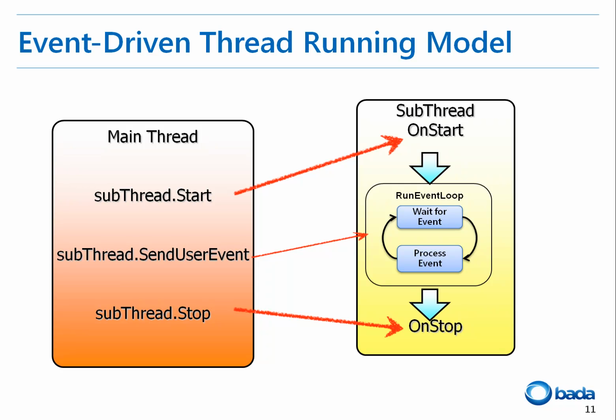You can implement any operations to be performed by the thread inside the OnUserEventReceivedN method. While the subthread is running, if the main thread calls the stop function of the subthread, or the subthread gets terminated, then the thread stops and the onStop function of the thread gets called.